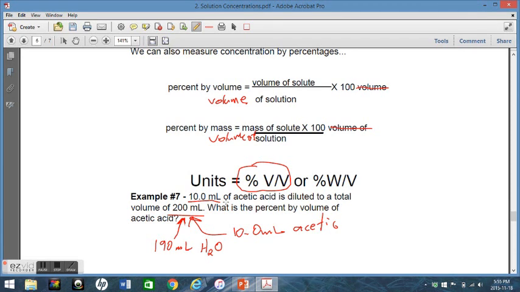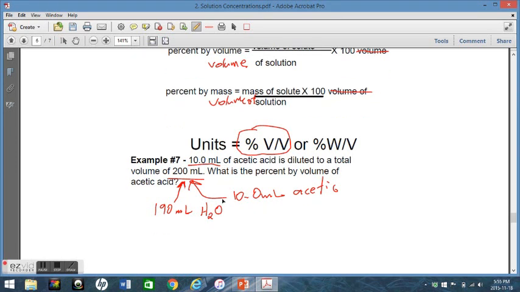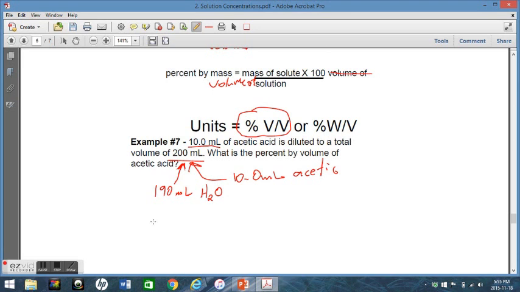I'm not going to try to trick you, but you could get a question where 10 milliliters of acetic acid is mixed with 190 milliliters of water. What is the percent by volume? Well, you look at the total volume of the solution.